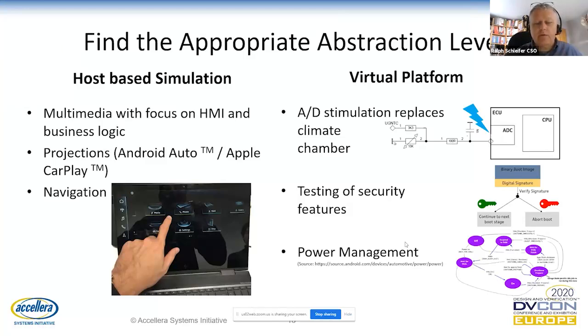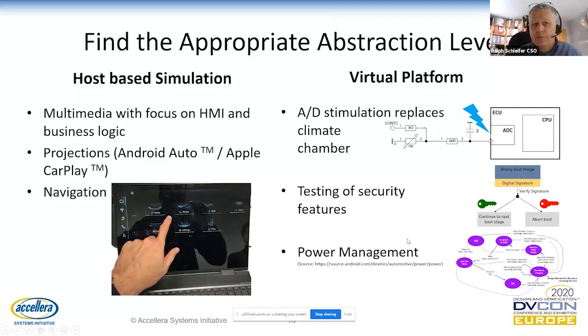You can get along with a cross-compiled version of your application with all the business logic and the communication included, but still it is a cross-compiled version. And you can see in the picture on the left side of the slide a laptop with a touch display, which we use for developing such high-level applications, allowing us to interact with the application via a touch interface.